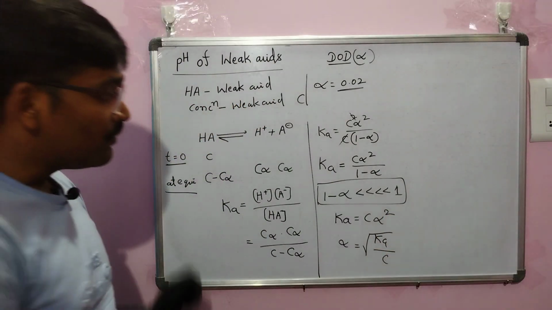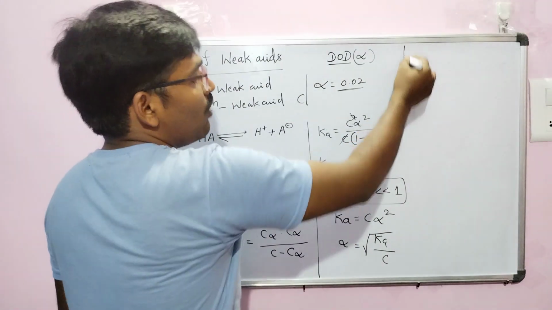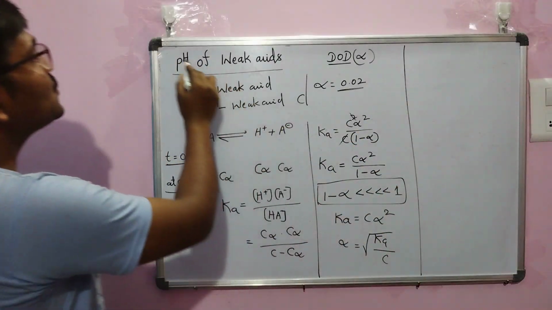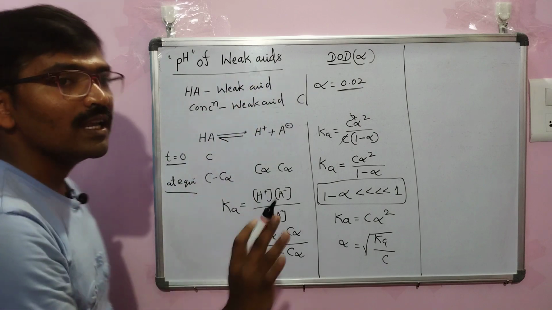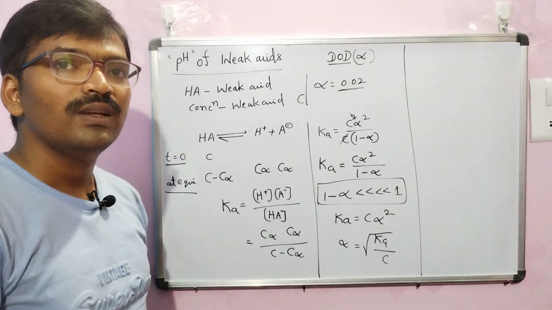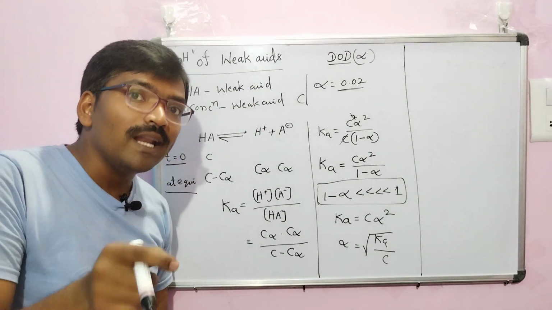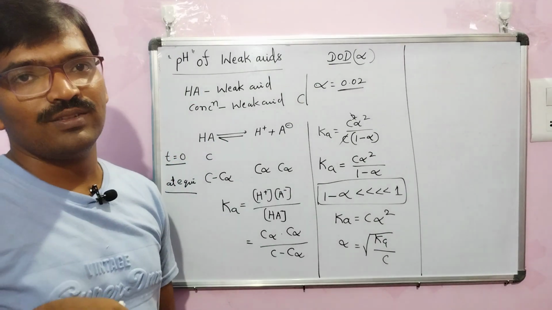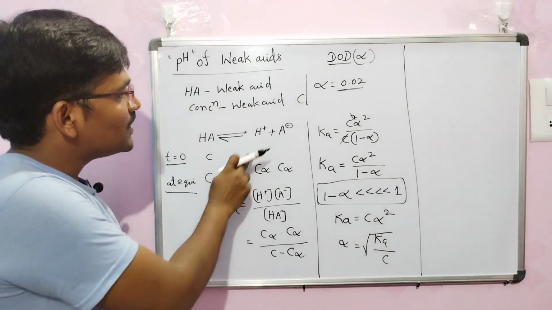Do you all understand? From this we are calculating the pH of weak acids. For pH, first we need the H plus ion concentration.